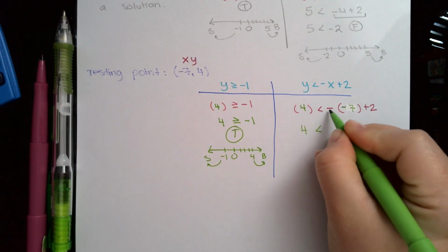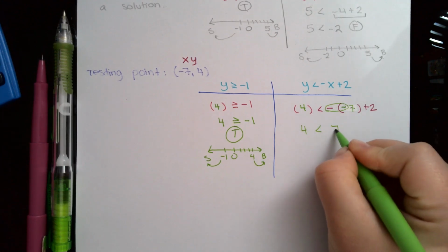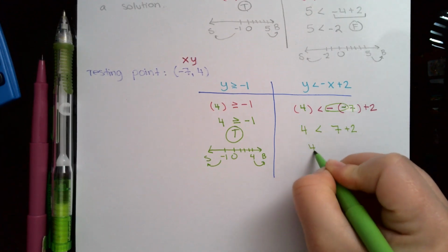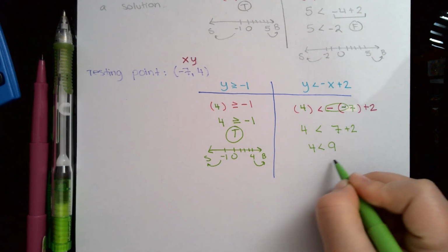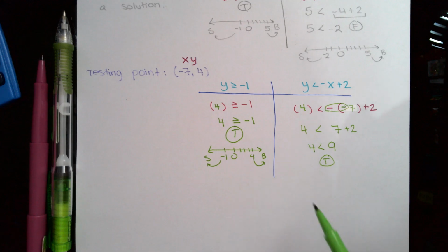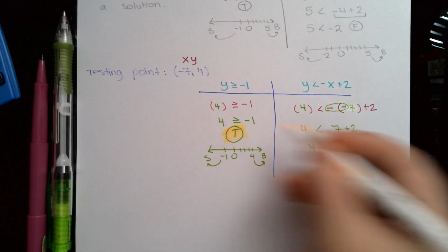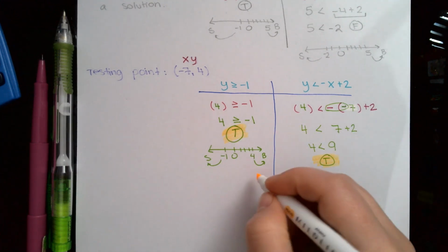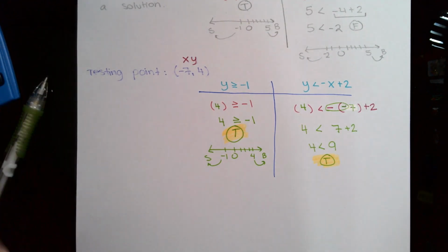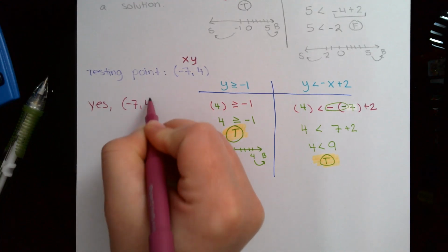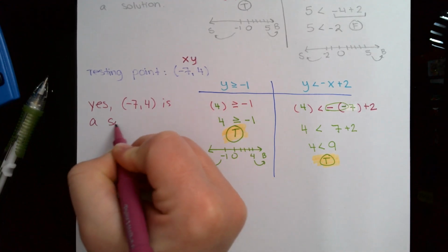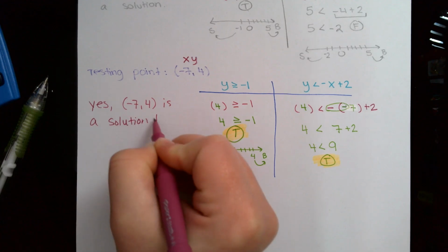Bring down the 4, negative times negative 7 gives you a positive 7 plus 2. 4 is smaller than 9. Yes, that is also true. So because we get true and true, that's what we're after. We want true, true. That means yes, (-7, 4) is a solution to the system.